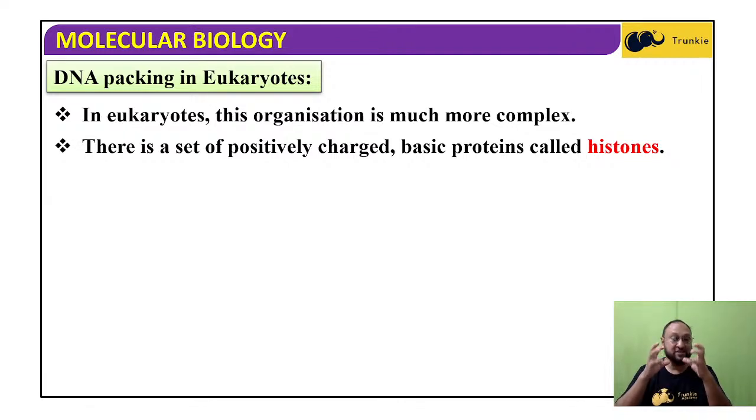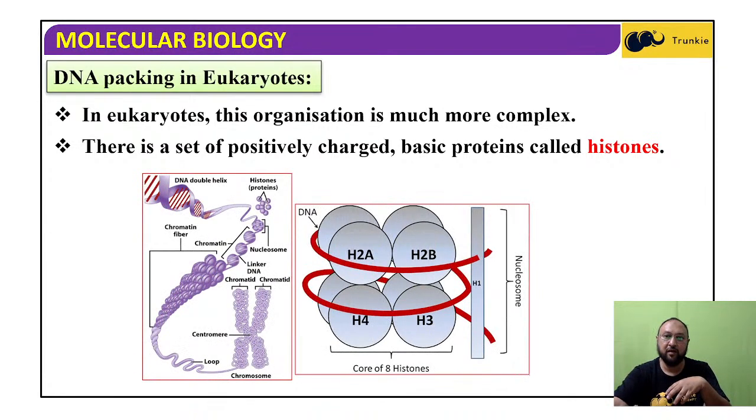Eight proteins, an octamer, form a nucleosome: H2A, H2B, H3, H4, the core of eight histone proteins, on which the DNA is wound, forming one unit called the nucleosome.